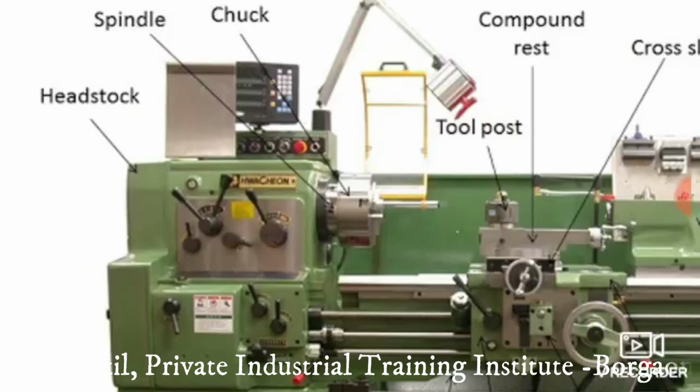There are different types of chuck, like the 3-jaw chuck and 4-jaw chuck, depending on the number of jaws. There is even a magnetic chuck also. So depending on its function or the number of jaws, there are various types of chuck, and the chuck is basically used for holding the workpiece.